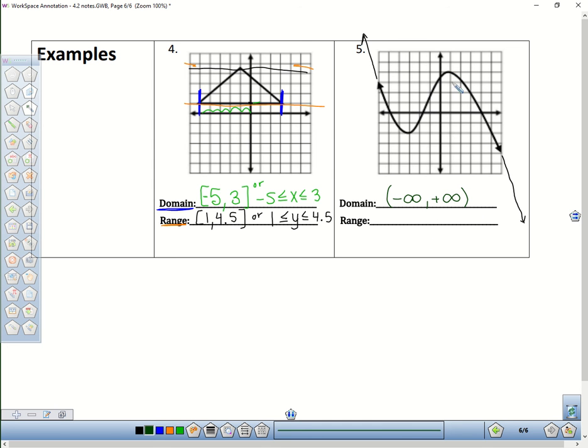And the range as well is going from -infinity to +infinity. And this can also be known as, they might write it, all real numbers.